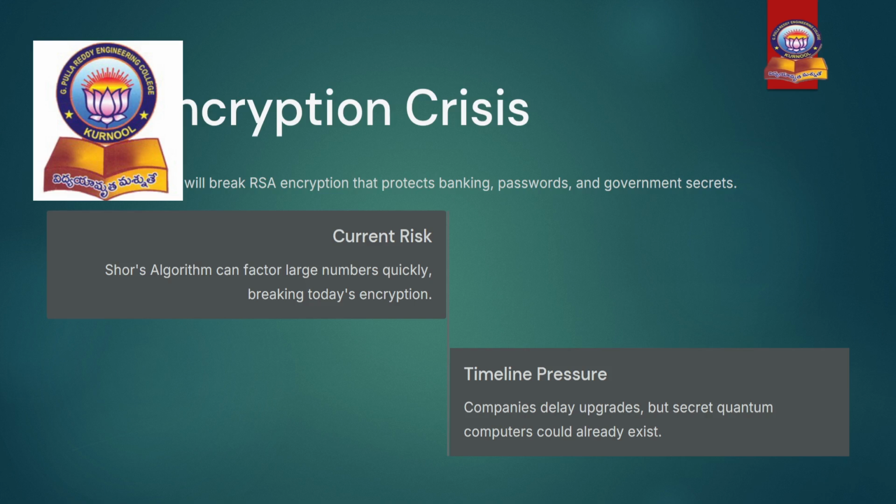The next slide is about the encryption crisis. Quantum computers will break RSA encryption that protects banking, passwords, and government secrets.